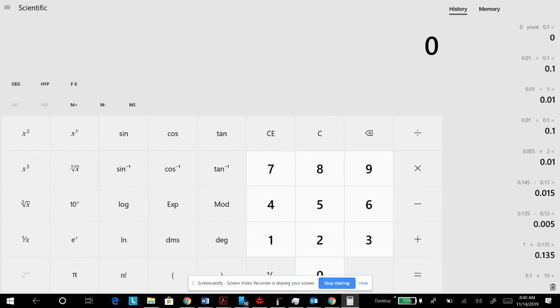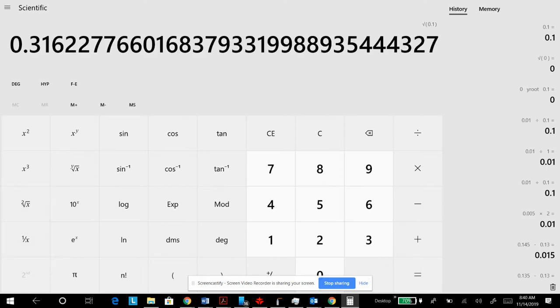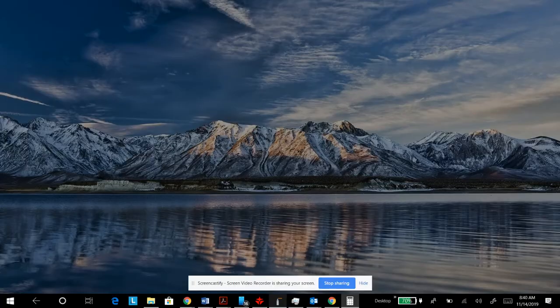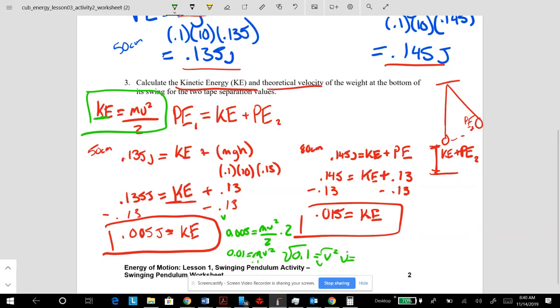Okay, hold on, where's my square root? There we go. So the square root of 0.1 is 0.316. I'm going to round up, so I'm going to say 0.32. So if I come back to my answer, my theoretical velocity is 0.32 meters per second. That's my theoretical velocity for just the 50 centimeter one.